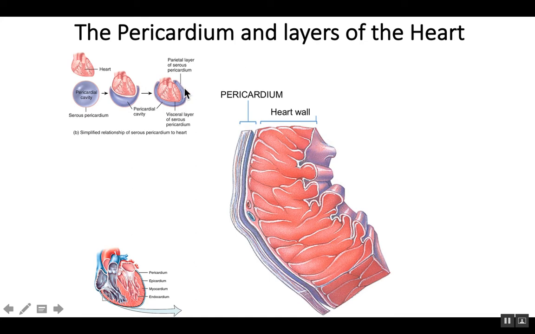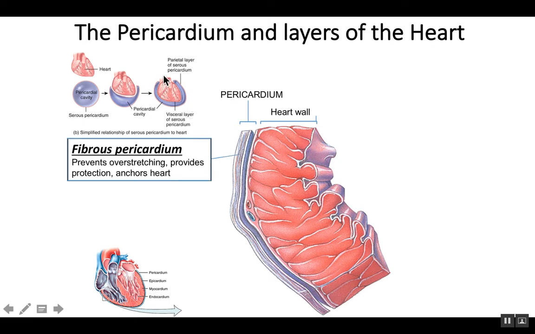So this represents the serous pericardium with two layers, a layer adhering to the heart, known as the visceral layer, and a layer lining the inner wall called the parietal layer. Even surrounding the serous pericardium, there's a layer called the fibrous pericardium. The fibrous pericardium is much more protective to the heart.